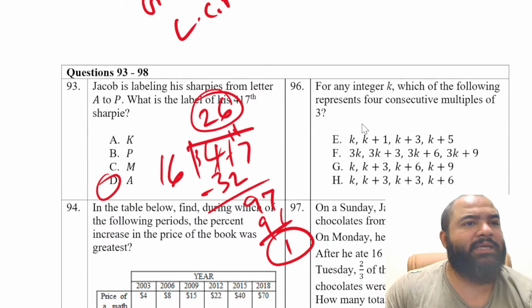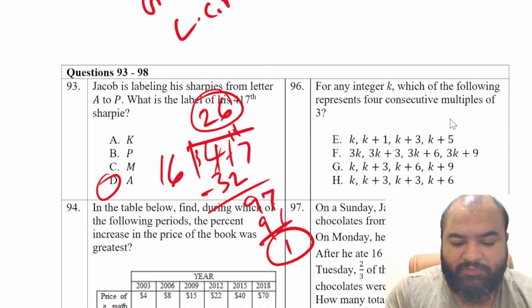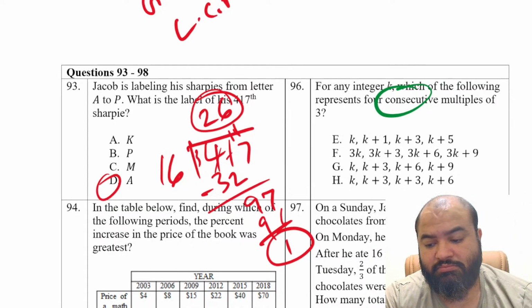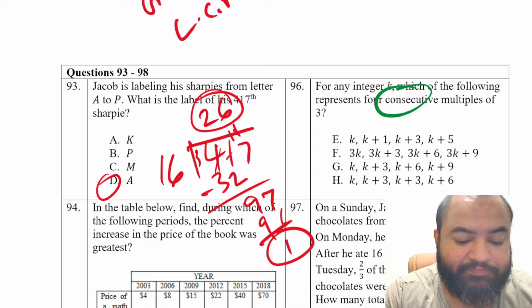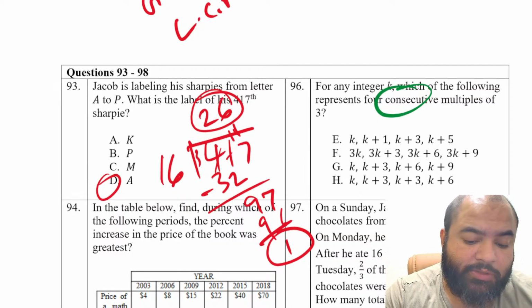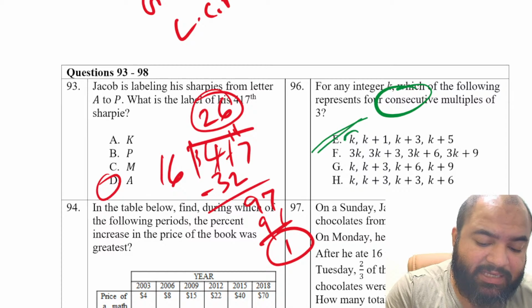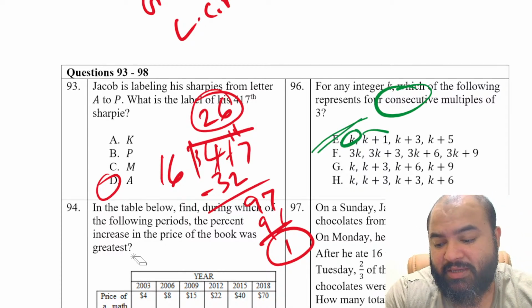Do you understand 96? For any integer k, which of the following is 4 consecutive multiples of 3? Consecutive means what? In order, right? So E is not going to be it, because if E is a multiple of 3, plus 1 is not the next multiple of 3.